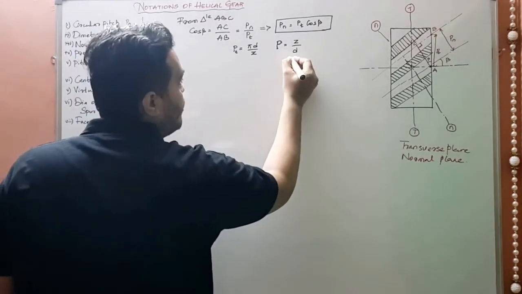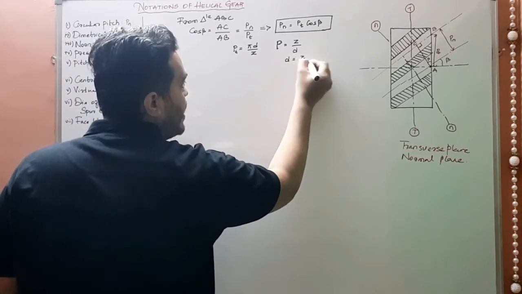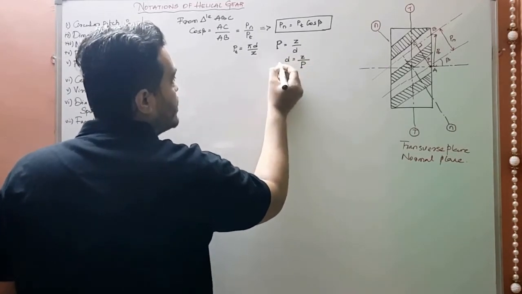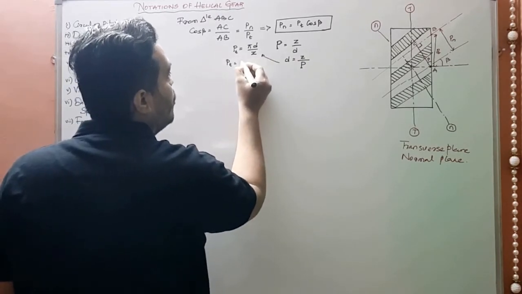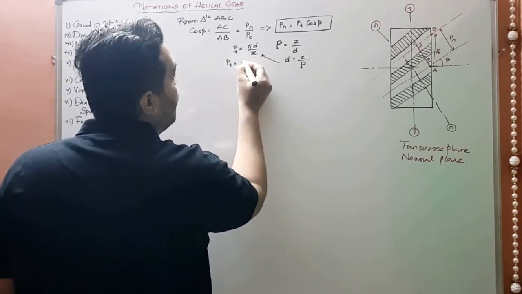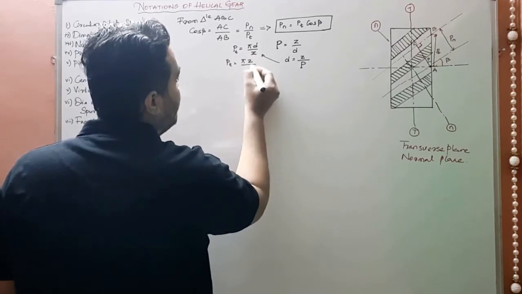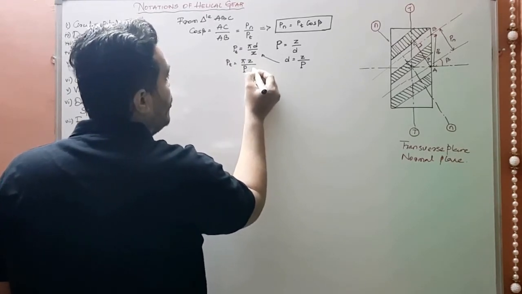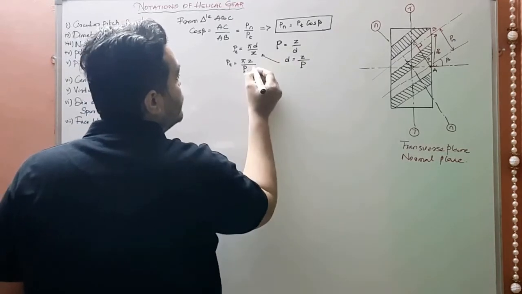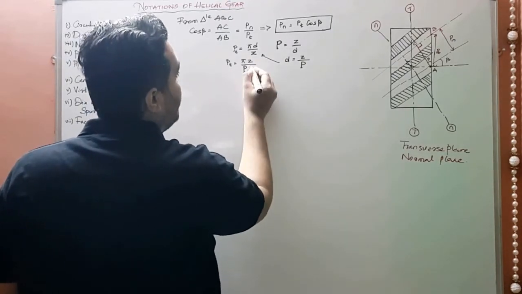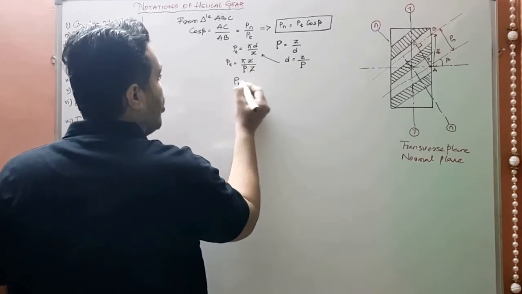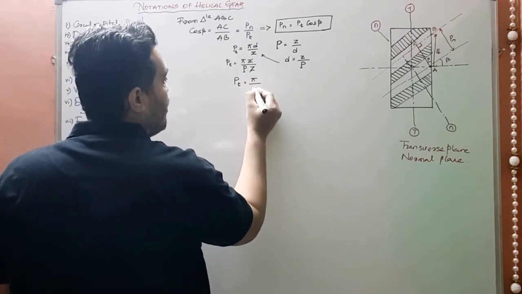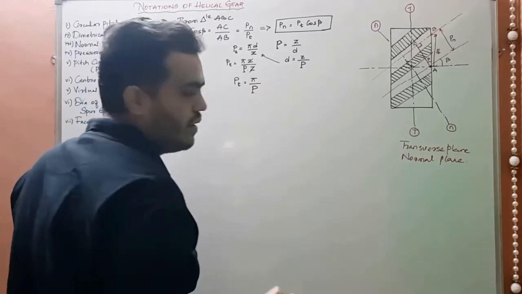If you simplify this, we will get d is equal to z by capital P. You just substitute into this, you will get PT is equal to pi z by capital P into z, so z will get cancelled. We will get PT is small p, pi by capital P, right?